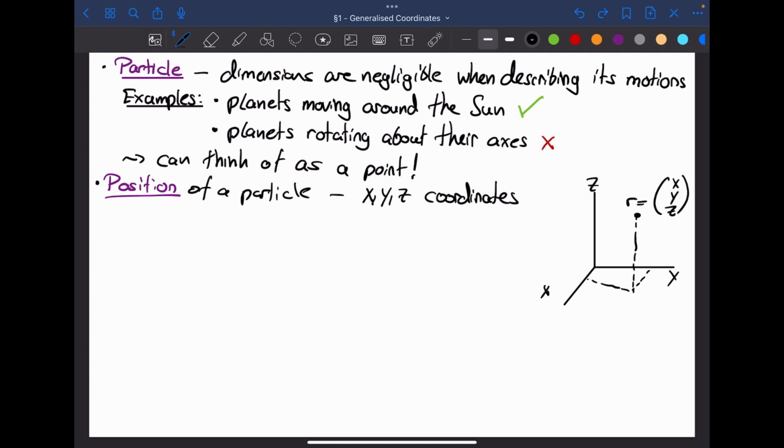Yes, so you have the position, and now you have the velocity. And the velocity is, of course, the time derivative of the position. So this is dr over dt, which we define as r dot.